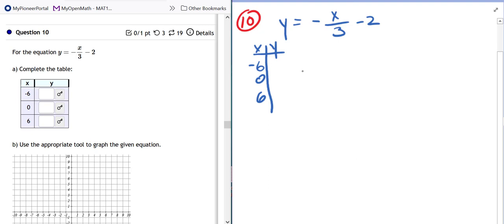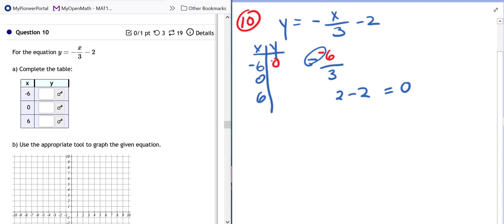So we're just going to substitute. You do have to watch your signs on this first one. We have negative already there, and we're going to put in -6. I say it, and then I don't do it. And this is over 3. So this ends up making a positive, and that gives us 2 minus 2 is 0.